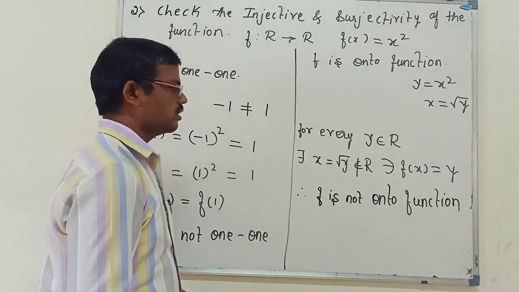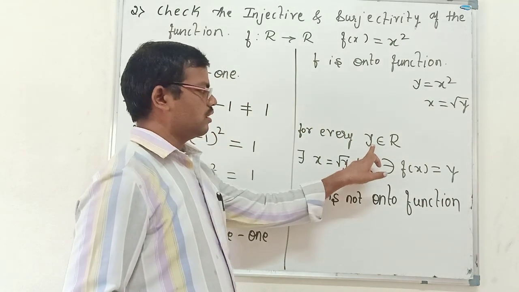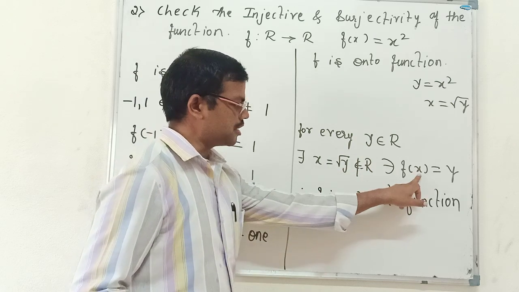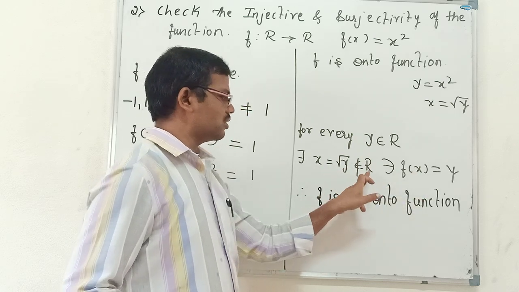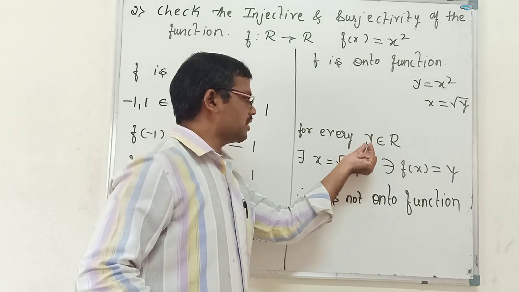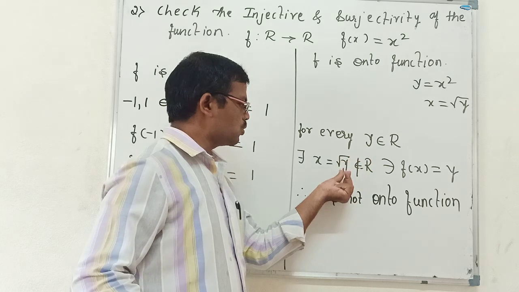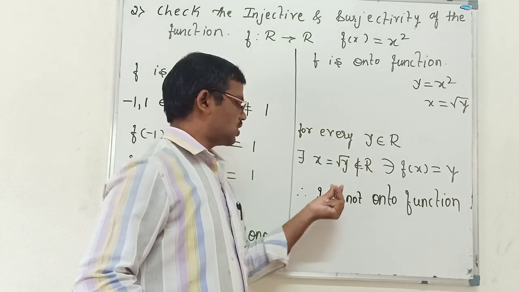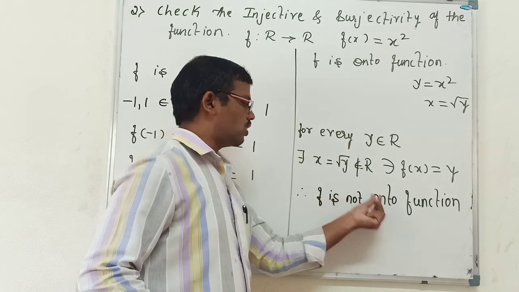So here for this y, we have an x which is a pre-image, and that pre-image is not there in the domain. Why? Because if we simply take minus 2, root of minus 2 is not there in R, so it is called not an onto function.